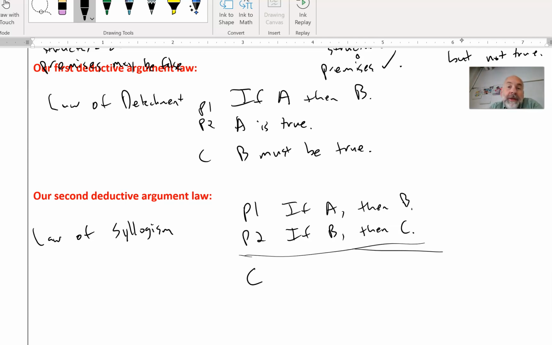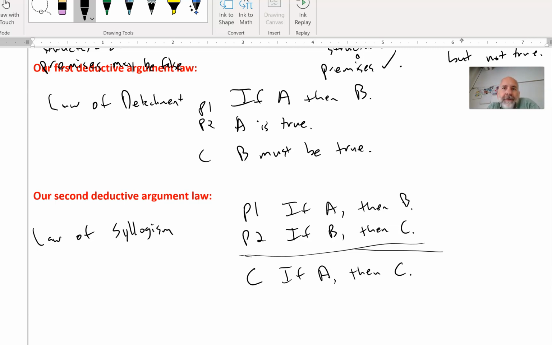If A is true, you know B is true. And if B is true, then you know C is true. What conclusion can you make? It's not just that something's true, it's an if-then statement. It's a conditional statement. The result is if A is true, then C is true.